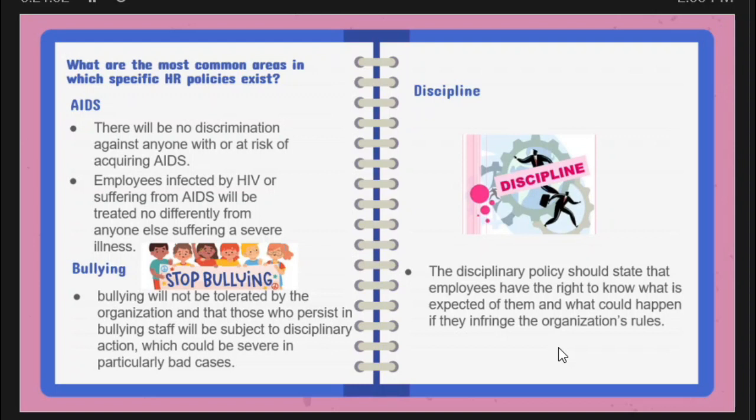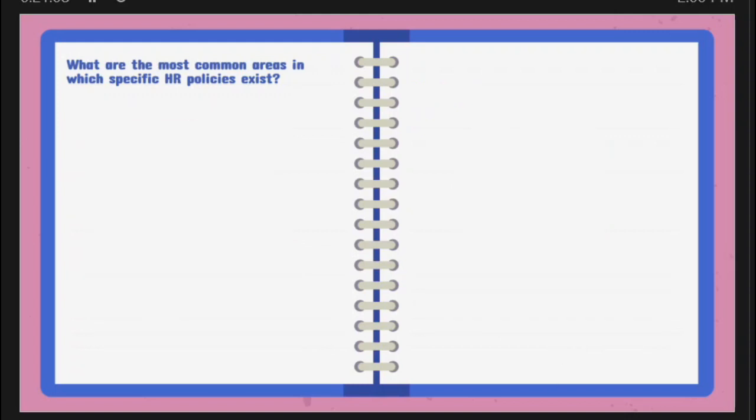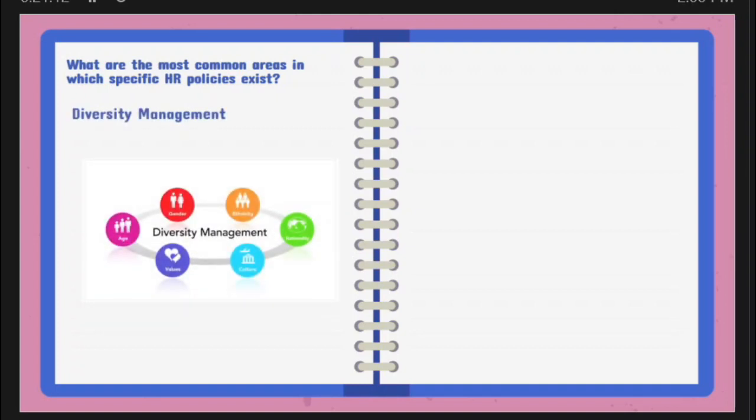And then we have diversity management. A policy on managing diversity recognizes that there are differences among employees and that these differences, if properly managed, will enable work to be done more efficiently and effectively. It does not focus exclusively on issues of discrimination, but instead concentrates on recognizing the differences between people.